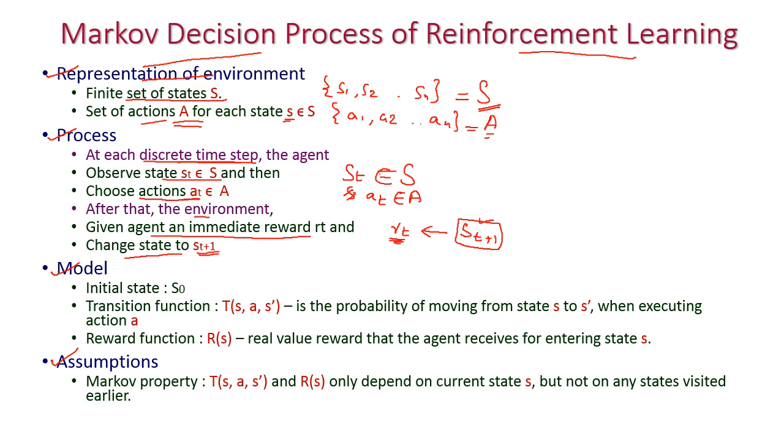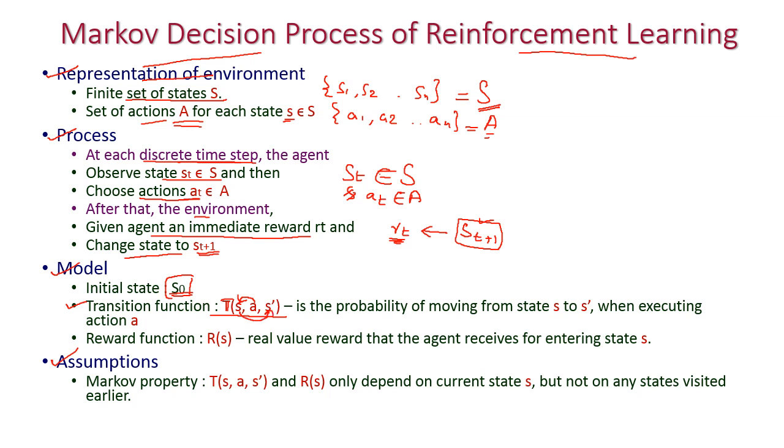And the next one is the model. The model's initial state is S0. All the execution starts from the initial state only. The transition function is T of S, A, S dash, where the action is executed in this state and then the state changes to S dash.